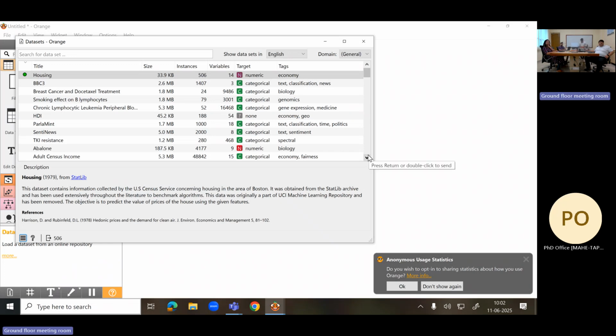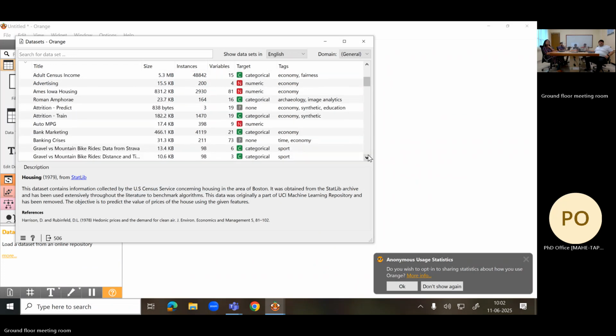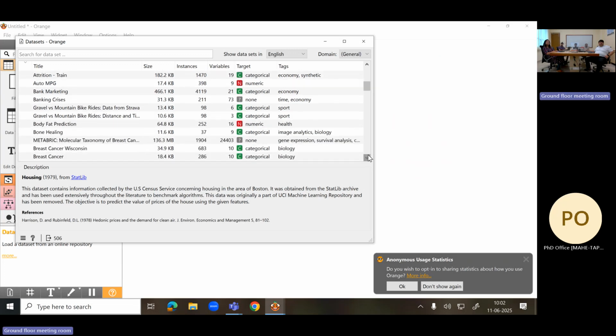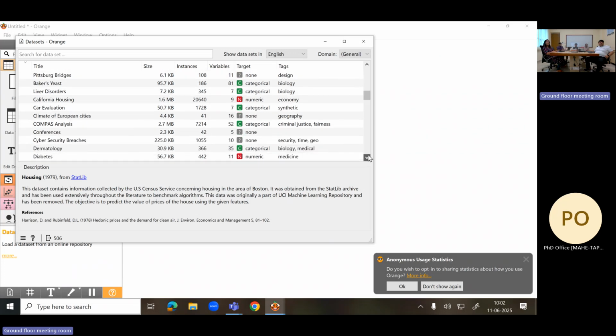What can we get here? Marketing, yes, bank marketing can be done, it is categorical. That can also be used. Anything else? I will pick up only a real data set.